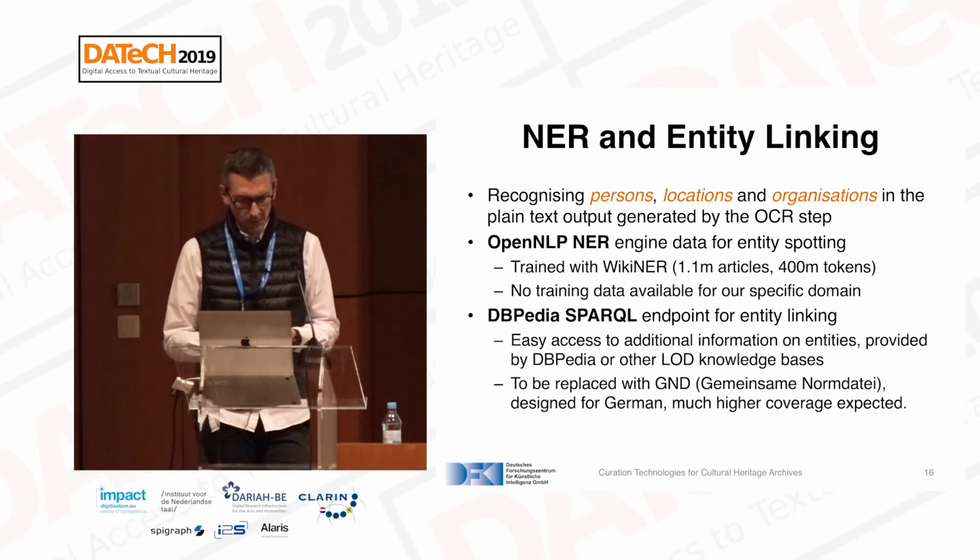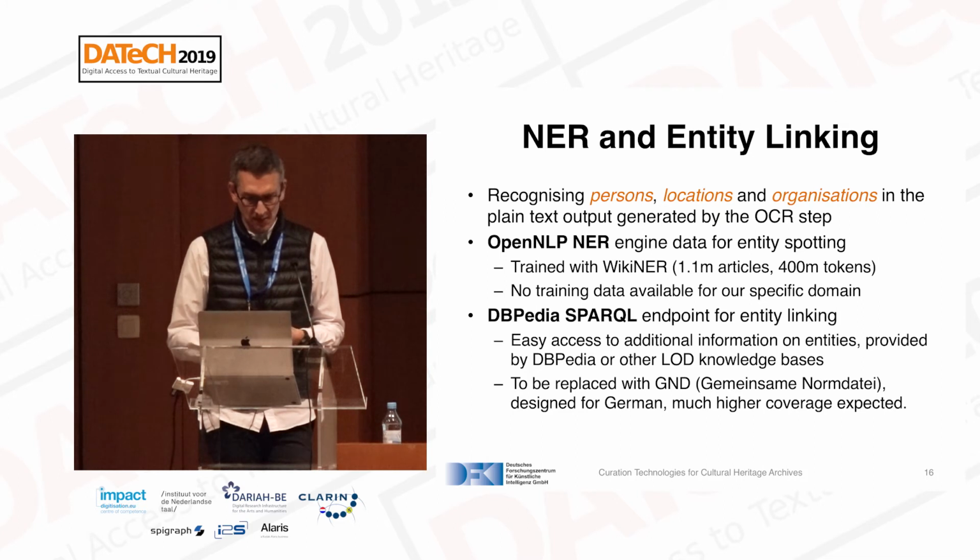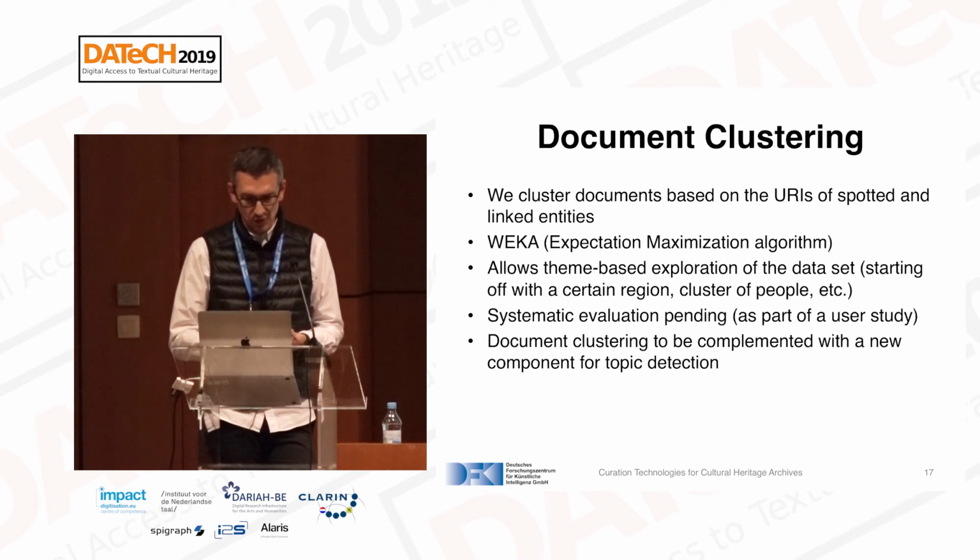There is an endpoint for that that provides easy access to additional information on entities by following the linked open data cloud, and we will replace this eventually with the GND, the Gemeinsame Normdatei, which is designed and maintained for German, and which will provide much higher coverage, essentially.